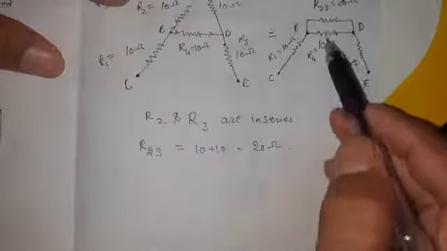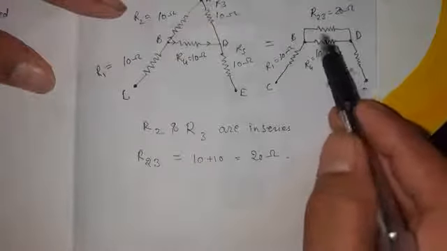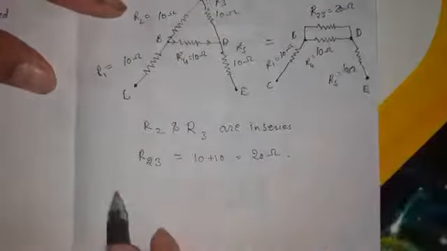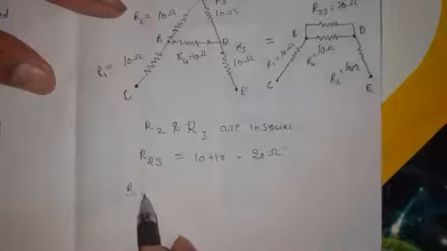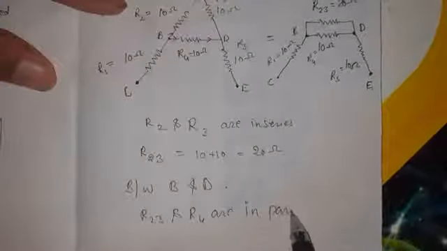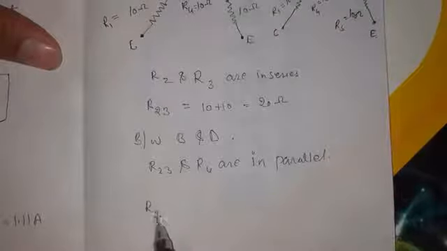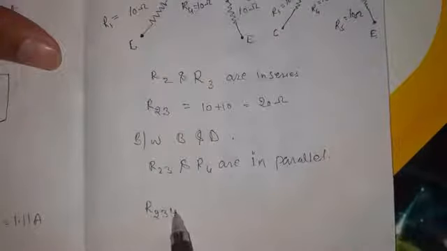Okay, now look over there. Once again, between B and D you are having two paths. Now they are connected to each other in parallel. So between B and D, this R23 and this R4 are in parallel now. So if they are in parallel, then what will be the equivalent? Let me name it R234.